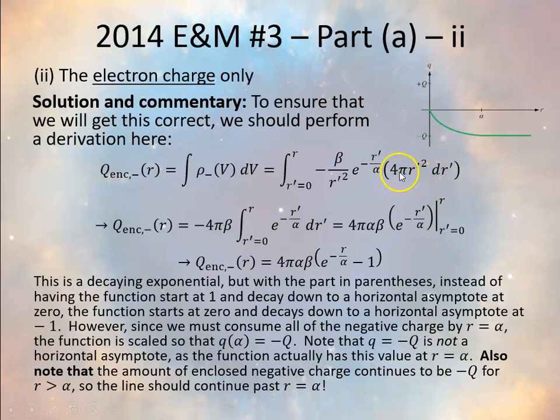That surface area is 4 pi r prime squared, and the thickness is dr prime, where again I did a variable change so that my integration bounds are not the same as my integration variable.